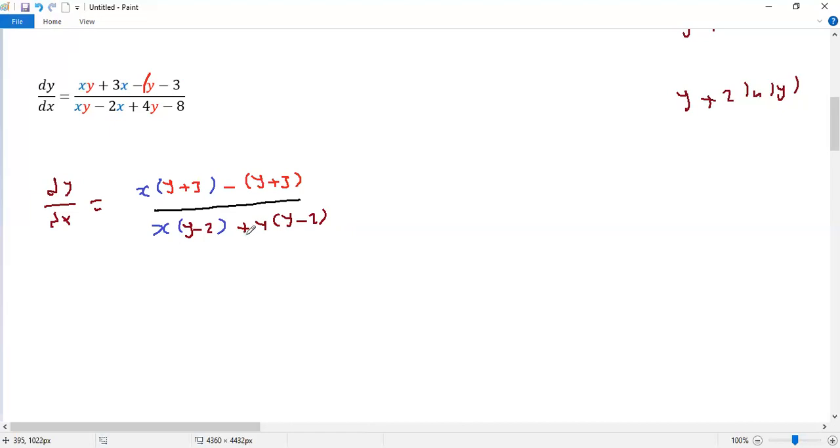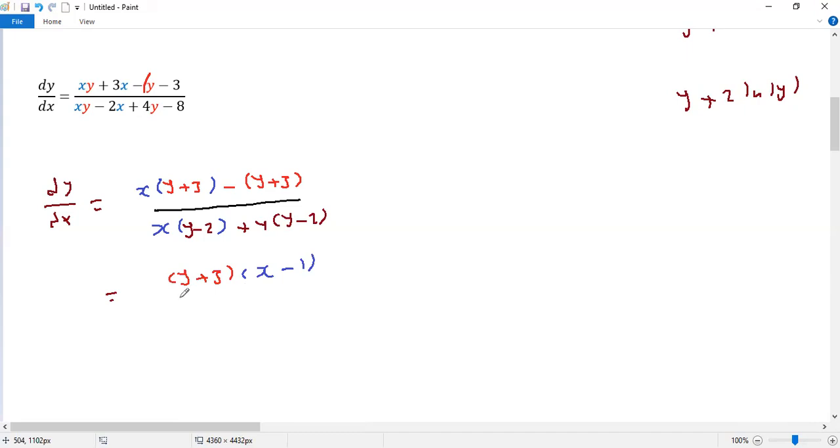See, now look at the numerator. I have y plus 3 as a common factor, I can take this one out, factoring y plus 3. Then I have times what? Left the first part is x minus 1, the numerator.